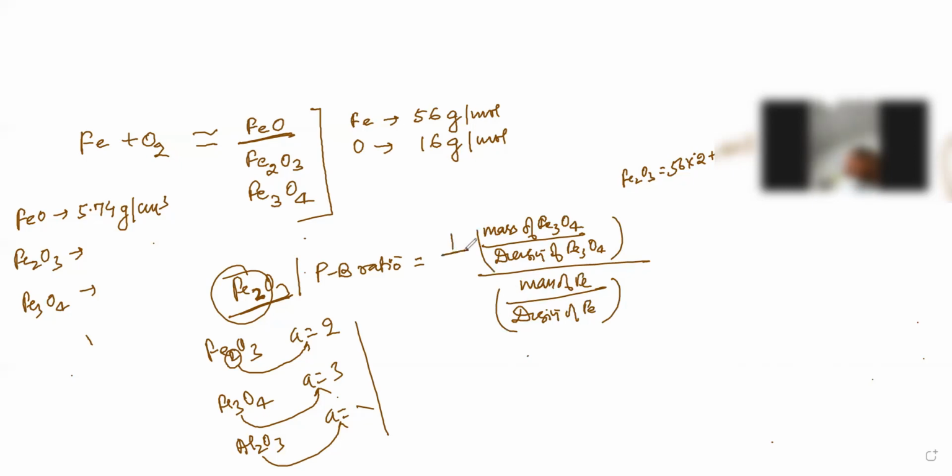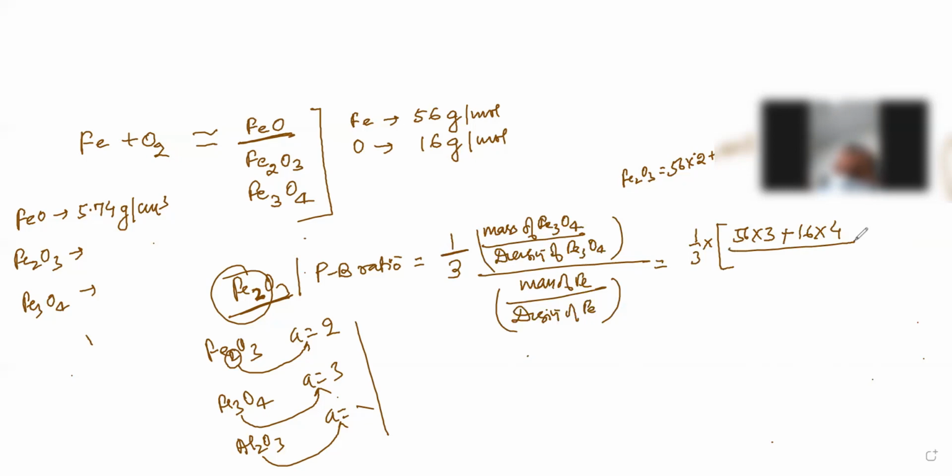So what will be the A over here? 1 divided by how much? A will be 3, right? And the mass of Fe3O4 will be 56 into 3 plus 16 into 4.